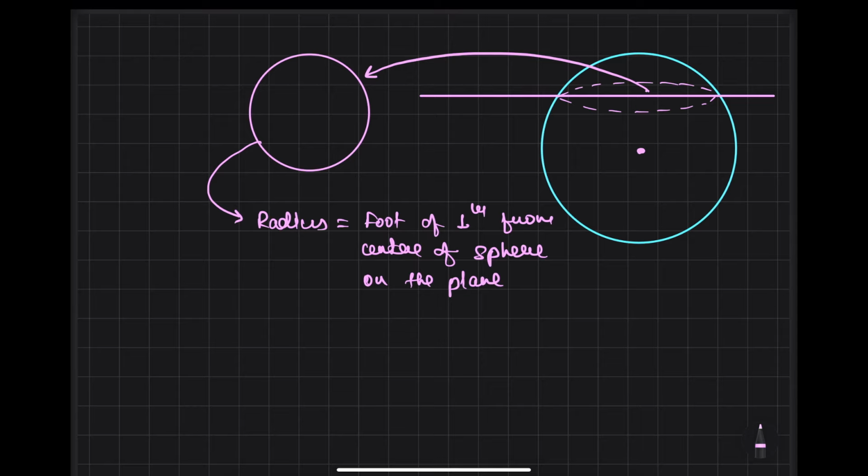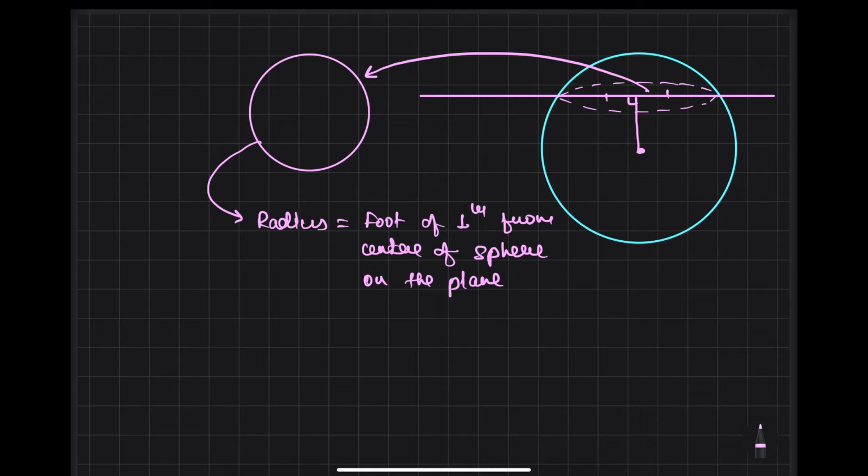Why? If you observe in the real world, you will find that this is not a sphere, this is a circle. Because if you take an image, it will look like a circle, it won't look like a sphere. So if it is a circle, this thing will become a chord, and on the chord, if you put a perpendicular, don't you think this thing will be divided into two equal parts?